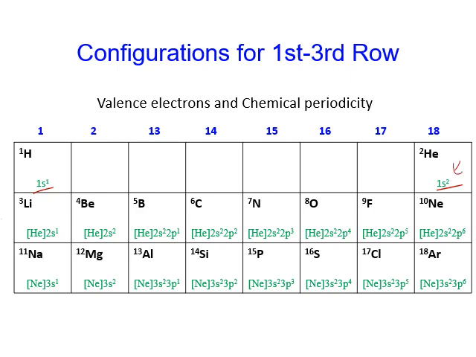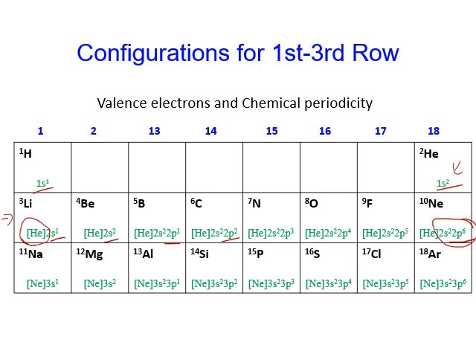Then in lithium, because the electrons already filled the first row, we can use bracket helium to represent the electrons already filled in the first shell, and the actual electron goes to the second shell, the 2s orbital. For beryllium, in 2s you have 2 electrons. For boron, an electron goes to the p orbital, 2p1, and then 2p2 until 2p6 in neon. So up to this point, the second shell is full.